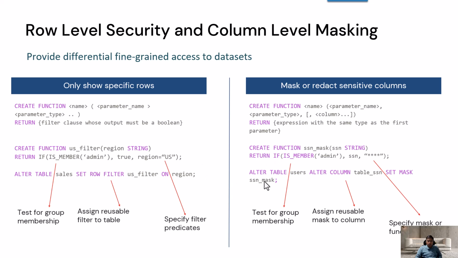Then in the same way you use the alter table statement, and in it you use alter column, with the name of the column, which is the table's SSN column, and then you put set mask, with the name of the function you have created, the SSN mask function. This way, when a user belongs to the admin group, he will be able to see the SSN number as it is. But if you belong to another group, the SSN number will display as stars.